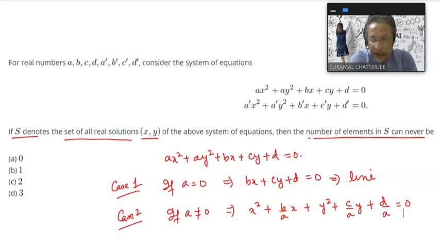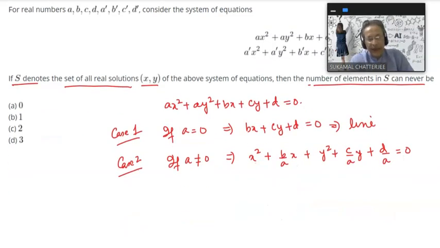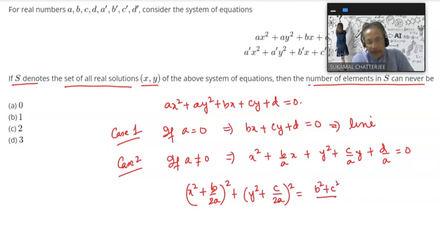Now this can be arranged into the equation of a circle by writing it as x plus b by 2a whole square plus y plus c by 2a whole square equals b square plus c square by 4a square minus d by a, which can be written as r square.